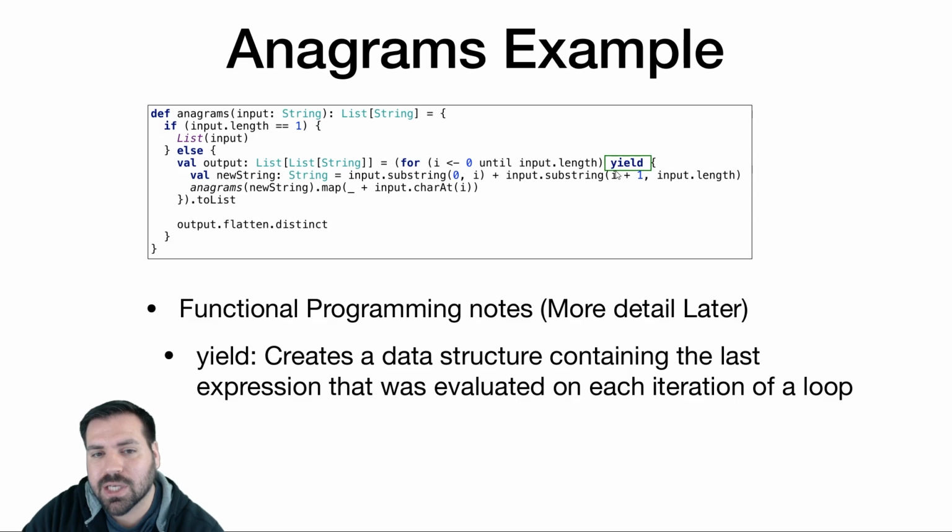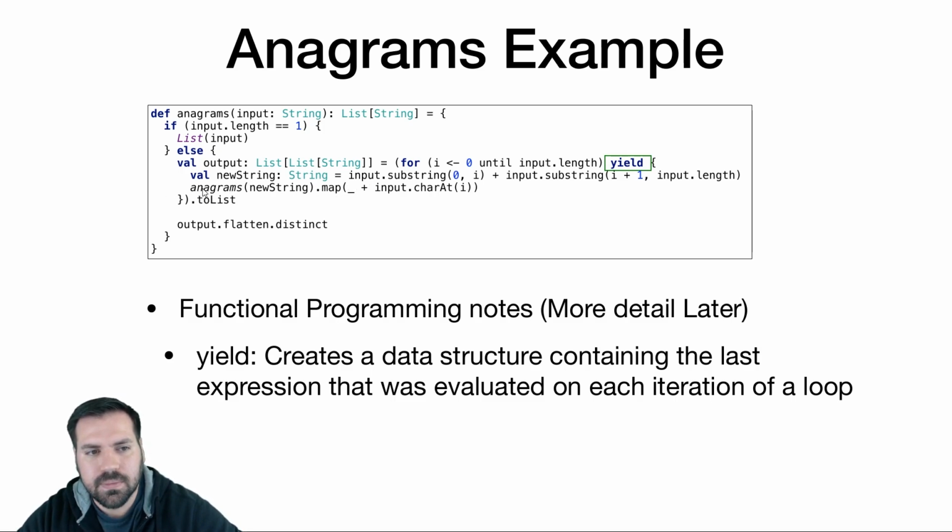I'm using yield, so that's going to collect all of these lists into a data structure, and then I'm going to wrap that entire thing in parentheses and call toList on it, so I make sure that that data structure is a list. So I'll get a list of lists where these lists are these lists right here that are created from the recursive calls. Flatten that, remove duplicates, and we got all our anagrams.